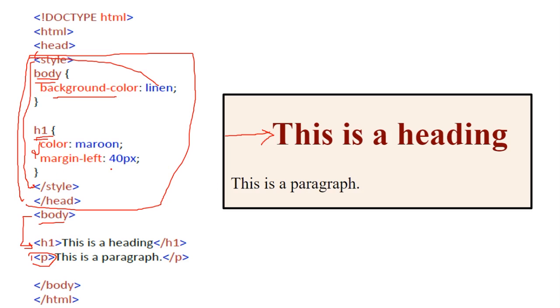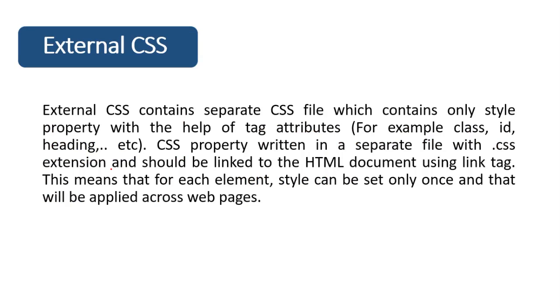All right, the last one is external CSS. An external CSS is a separate CSS file. That means the CSS is written separately and the HTML pages are written separately, and the CSS contains only style properties, using selectors like class, ID, headings, and paragraphs.